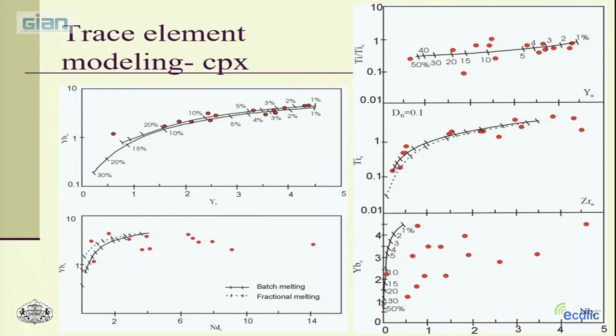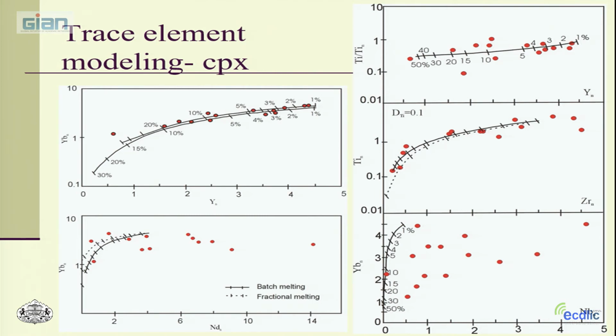You can see a few of the elements, for example the yttrium versus ytterbium, and they all follow this melting curve, both for batch melting and for fractional melting. Whatever the mode of melting, the maximum melting recorded is only up to 15%.